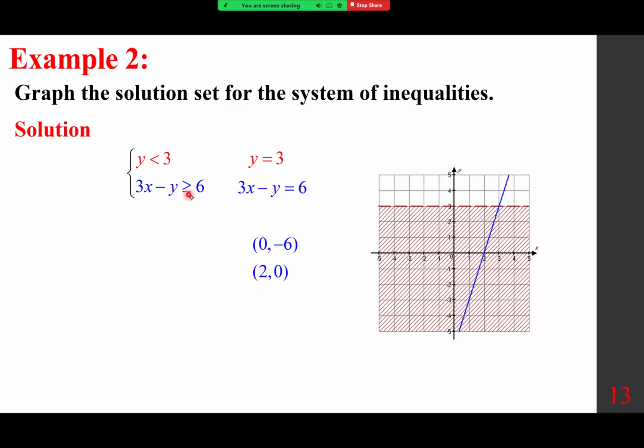Test point (0, 0). Because (0, 0) is not on the blue line, that would be a good point. If I plug in (0, 0) into the inequality, I get 3 times 0 minus 0, 0 is larger than or equal to 6. No, it's not. It's a false statement. (0, 0) fails to be a solution. So this side is not.